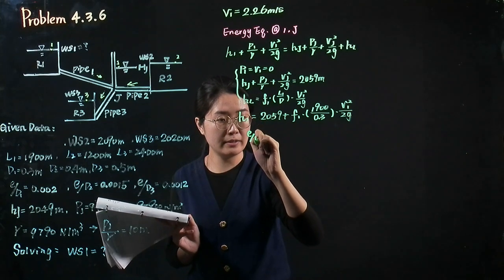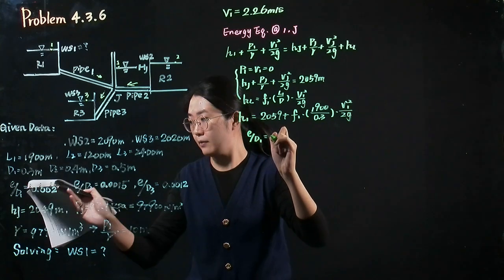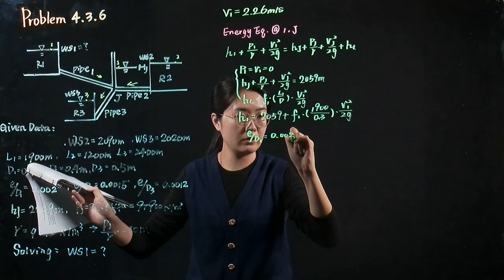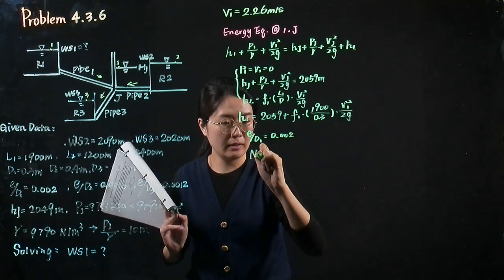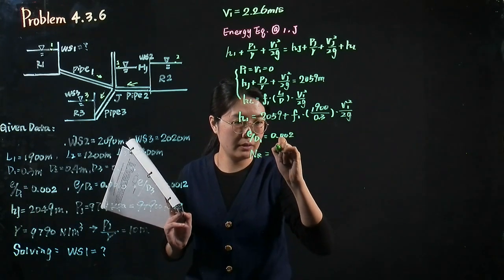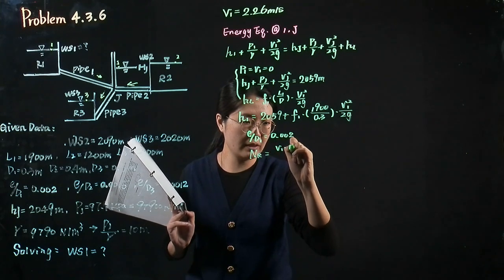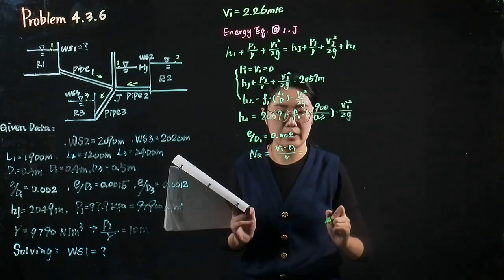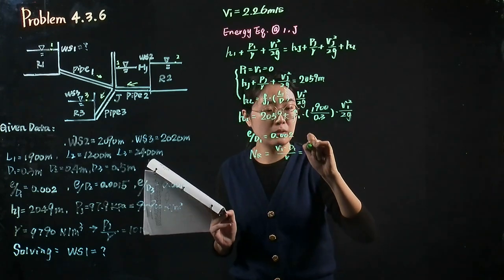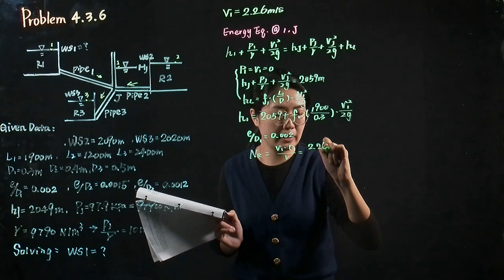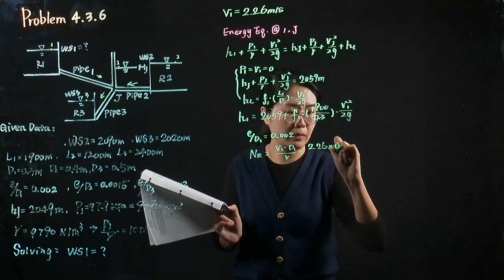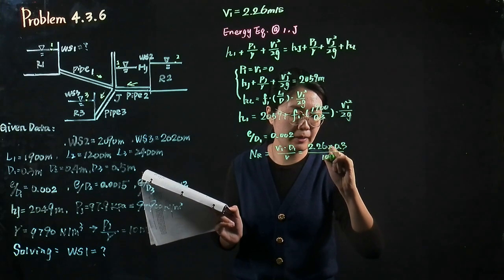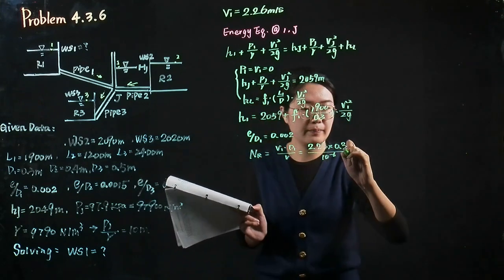Because the relative roughness is given as 0.002, and the Reynolds number is the velocity times diameter over kinematic viscosity, it equals 2.26 times 0.3 over 10 to the power of minus 6.